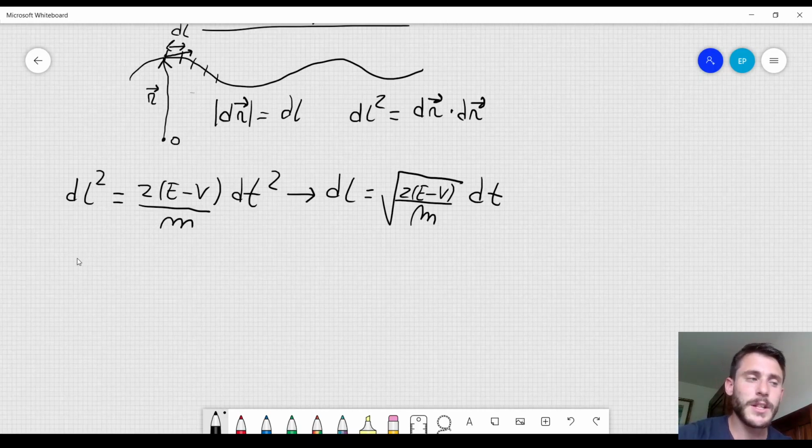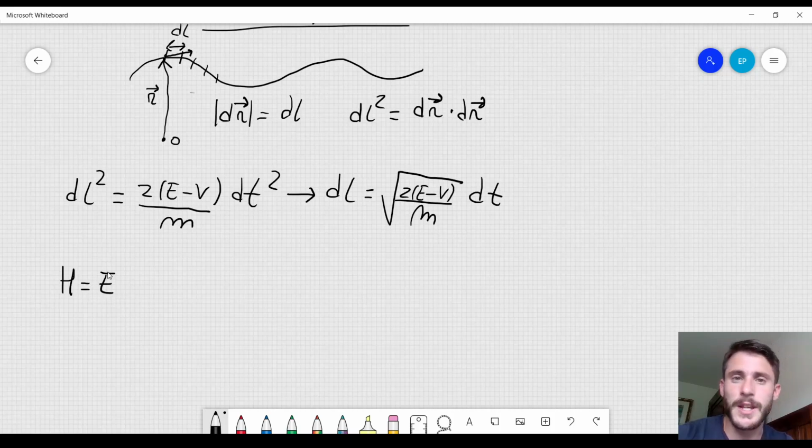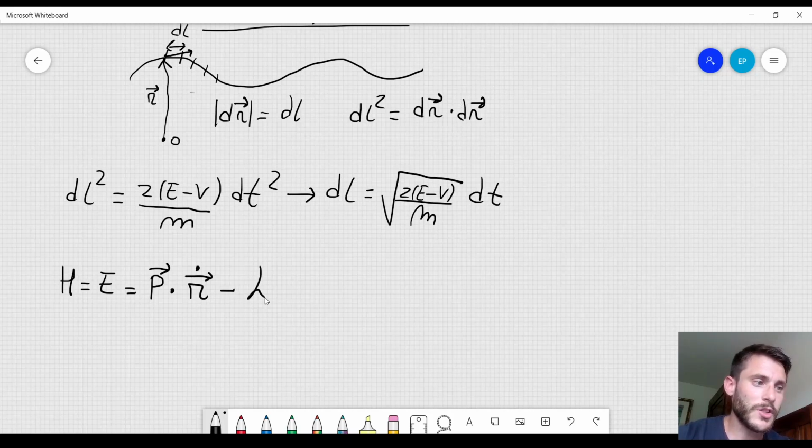Now let's write down the expression for the Hamiltonian of a system that's constituted by one particle. The Hamiltonian H is equal to E, which is the energy, and it is a constant. And I can rewrite it as the momentum p dot product with r dot, the velocity, so I can simply write the velocity as r dot, which is dr over dt, minus the Lagrangian.